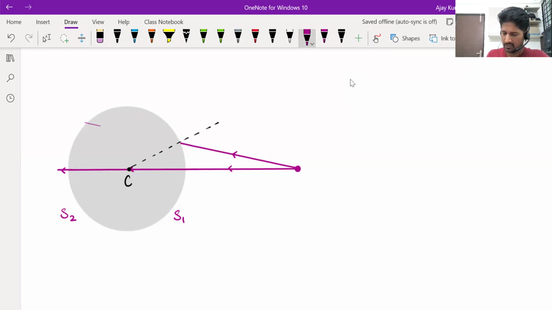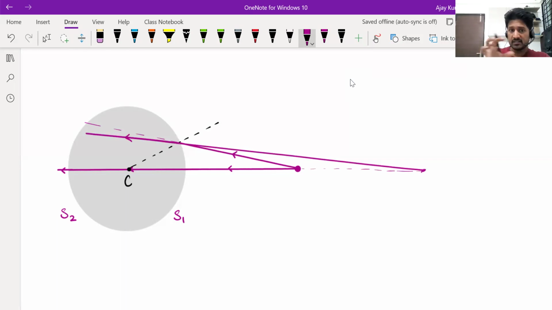Original direction of propagation was this. If it bends only a little bit towards the normal, like this, then the image will be formed here. Okay, means light will strike the second surface as if it is coming from here. That is one possibility.